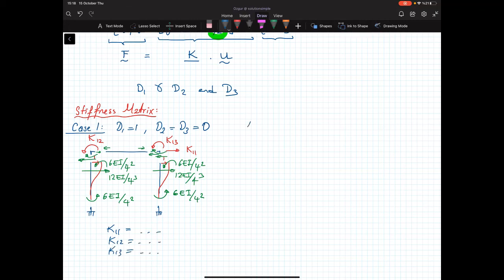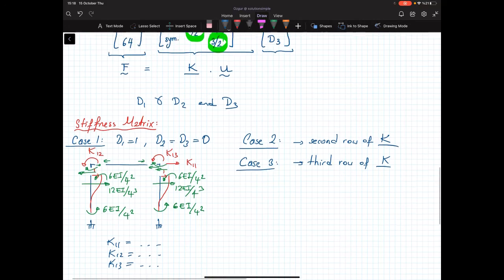Then we repeat case 2. This will give you the second row of stiffness matrix. And you do the same thing for case 3. That will give you the third row.